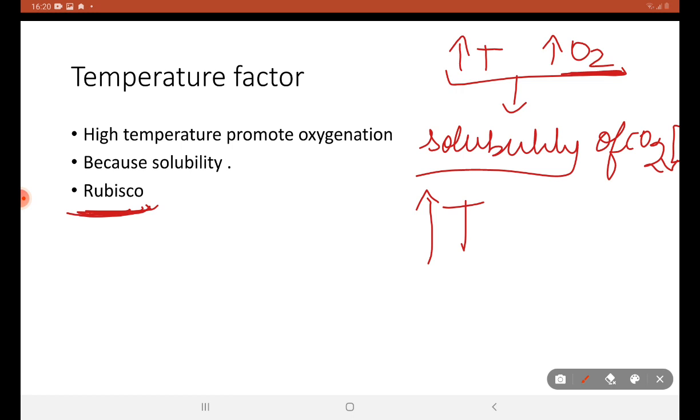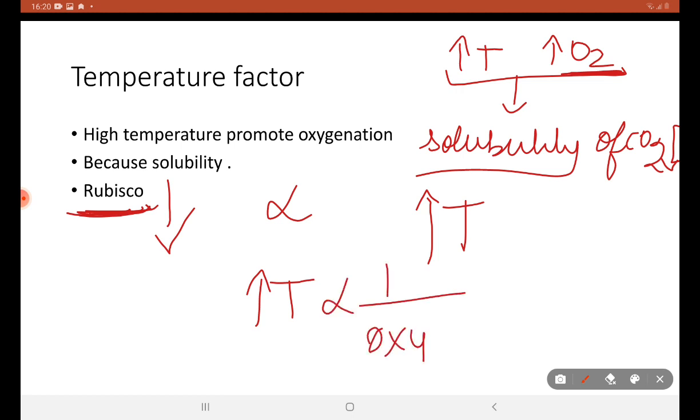Second, the specificity factor of Rubisco also decreases with an increase in temperature. That is inversely proportional. An increase in temperature decreases the specificity of Rubisco.